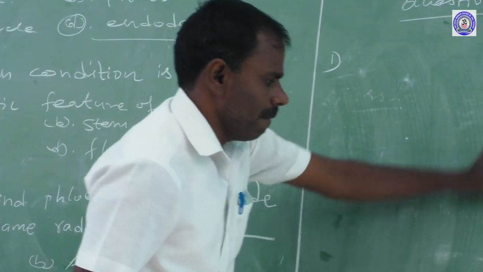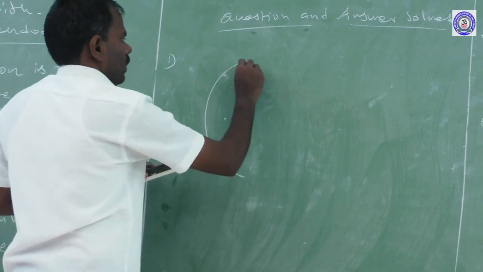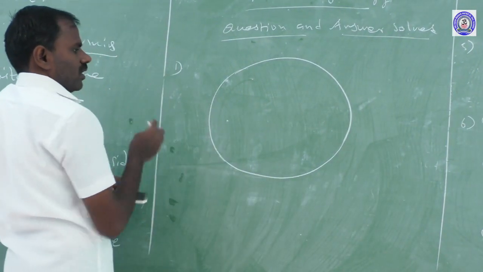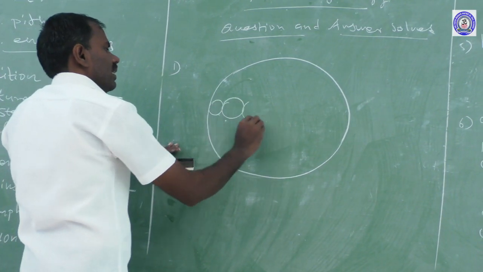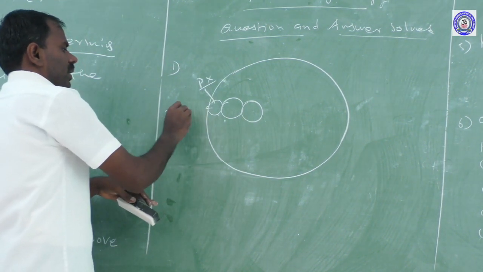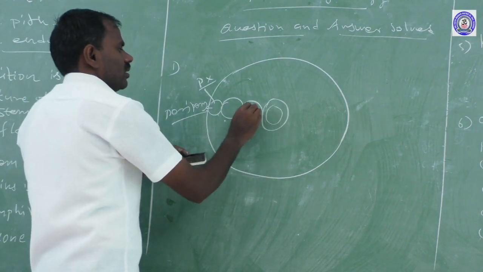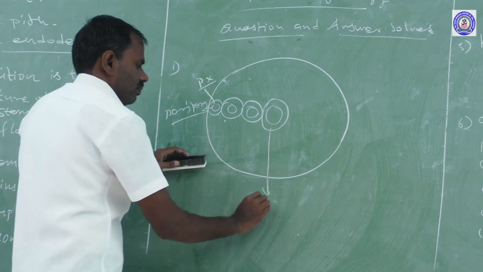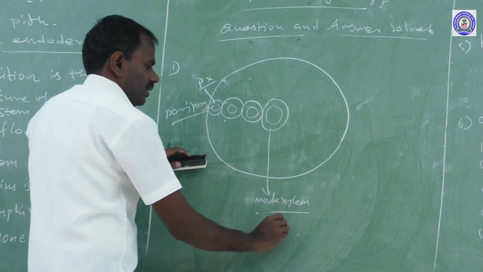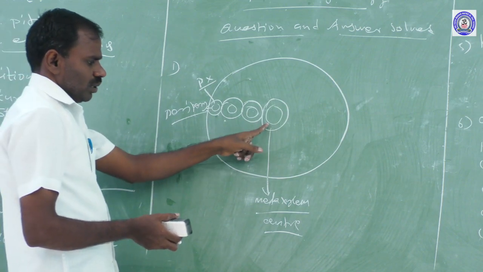Where is it present? In the vascular tissue systems, the protoxylem is placed on the periphery regions. The largest xylem is called the metaxylem, and the metaxylem is placed towards the center.